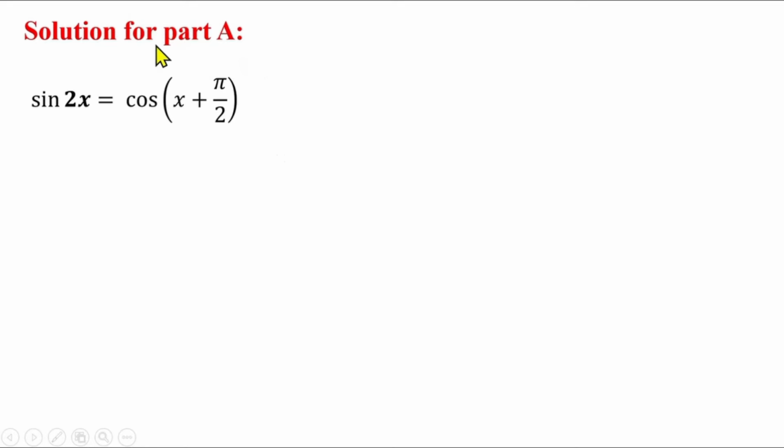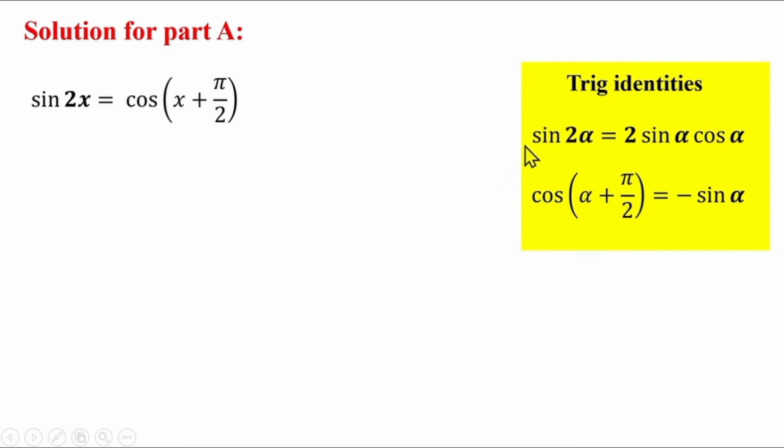We have this equation, and now we recollect some trigonometric identities, namely the identity for sine 2 alpha, it is here, and the identity for cosine alpha plus pi over 2, it is here. We use these two identities, and we rewrite this equation in the following form.